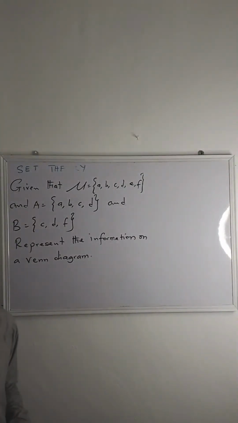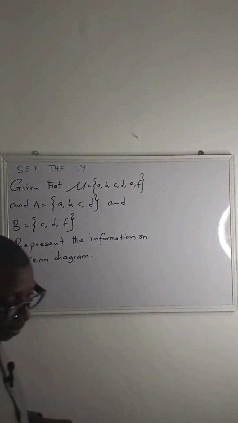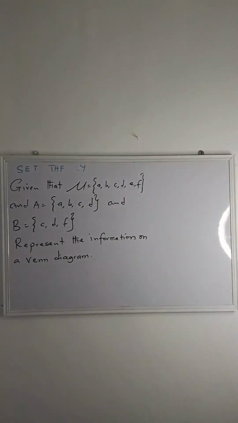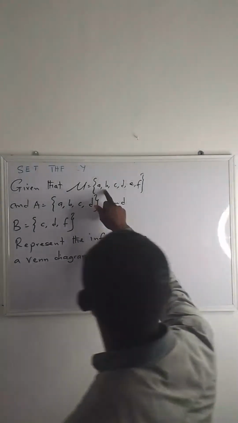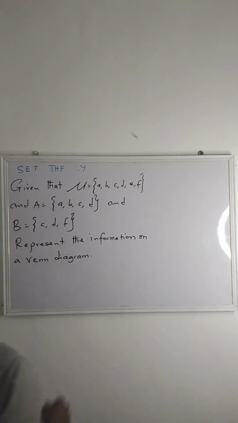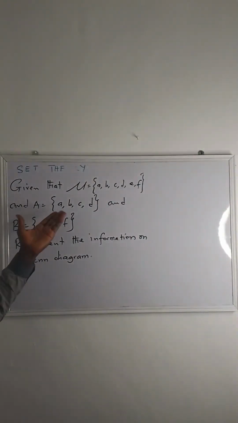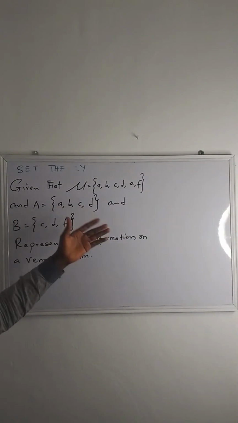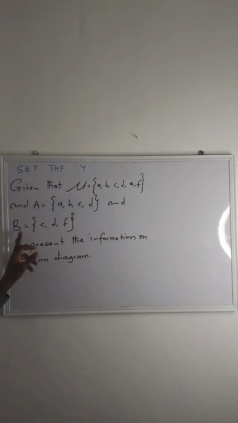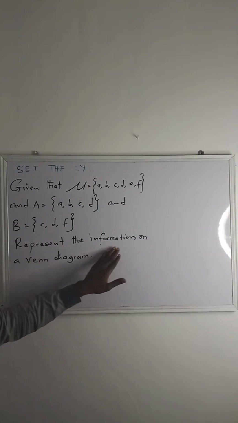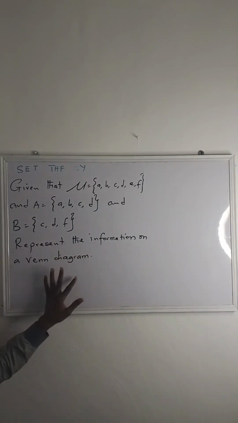Okay, now let's look at the question we have here. Given that U equals the set of A, B, C, D, E, F, and A is the set of A, B, C, D, and B is the set of C, D, F, represent the information on a Venn diagram.